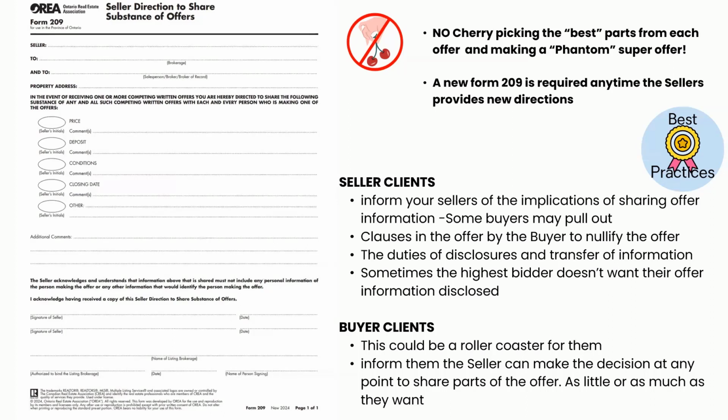So clauses in the offer by the buyer to nullify the offer. This is something that's going to be available, and I think very reasonably. If you share any of my details of my offer, say it's the best price, and you share that with other individuals, my offer is null and void as a condition there, which there may be questions around, but I call that almost acting as an irrevocable does.